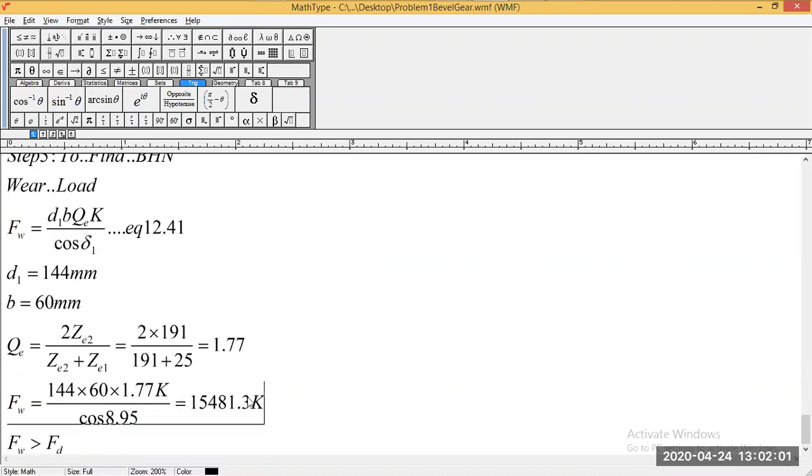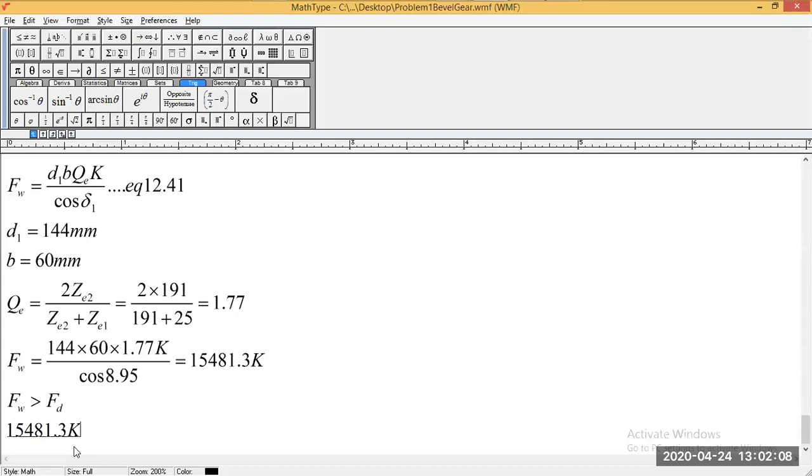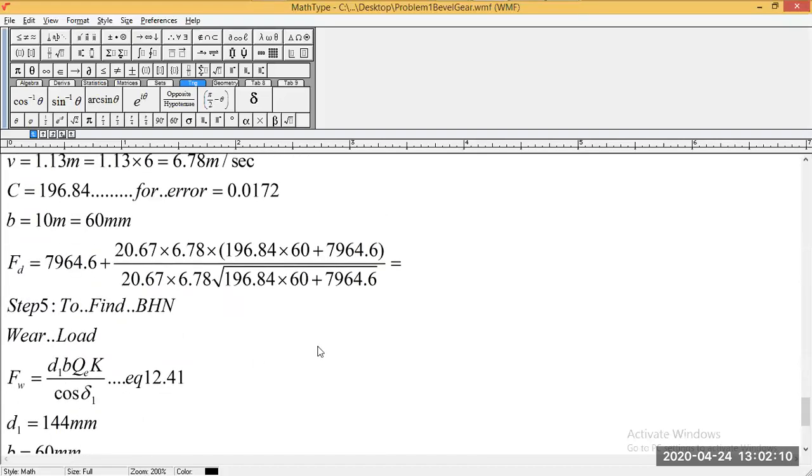Post it in the group chat. So this should be greater than how much? To calculate, 7964.6.